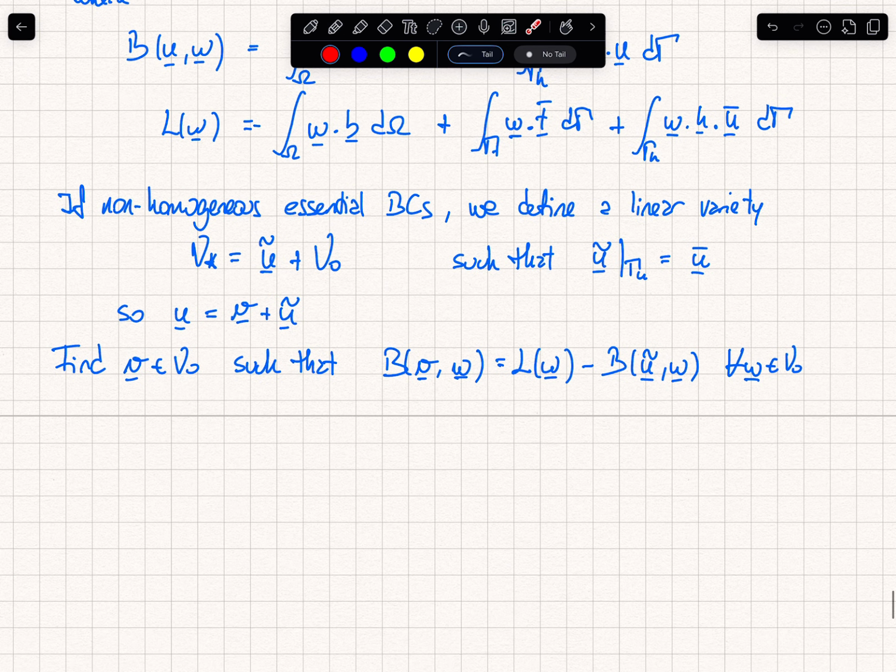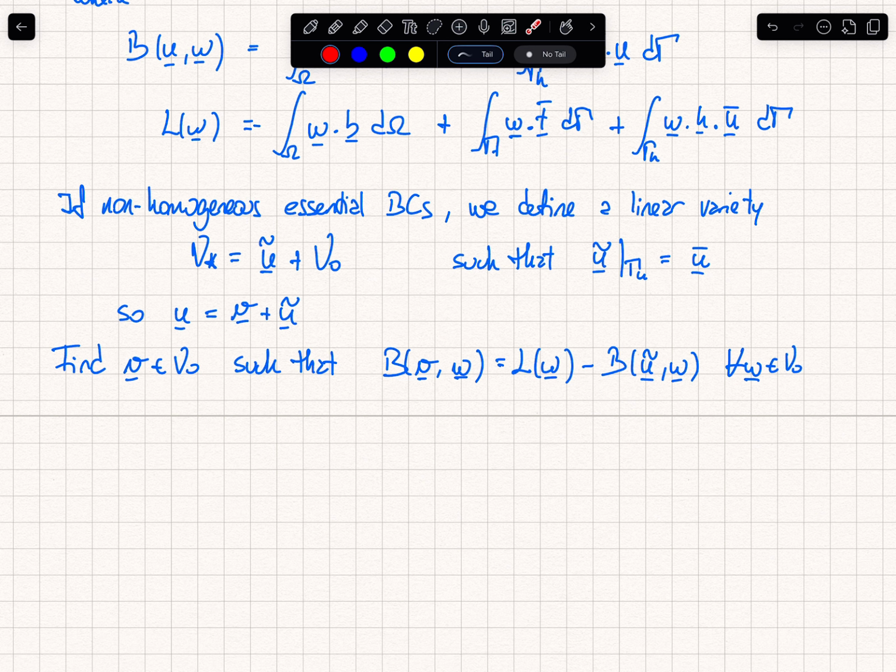So basically, where you say it's a non-homogeneous essential boundary condition, we define a linear variety V star, which comprises u tilde plus V naught, where we defined V naught previously as a space of vector valued functions. And u tilde is a vector.